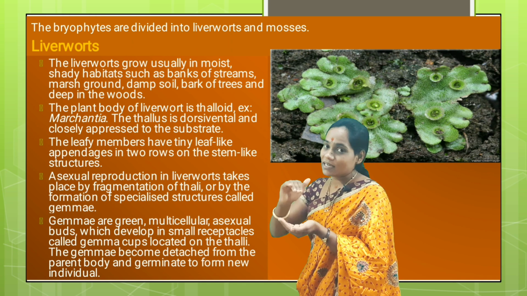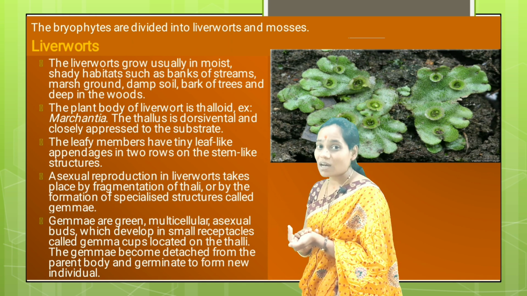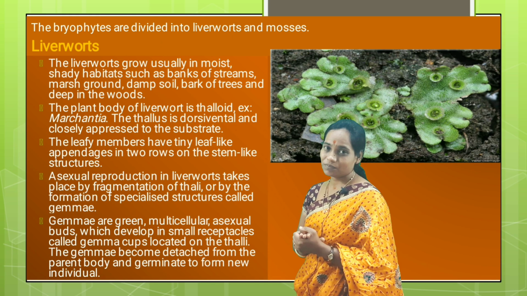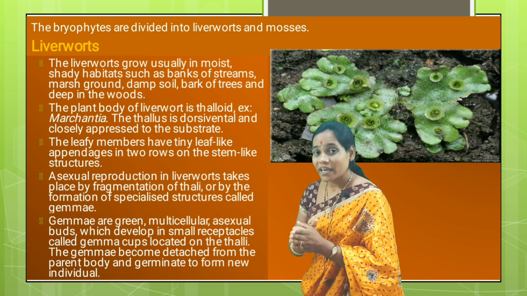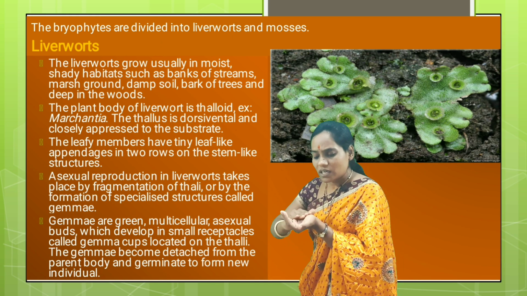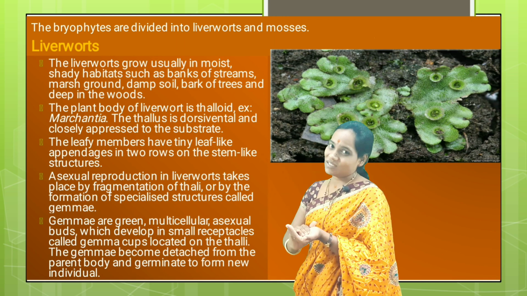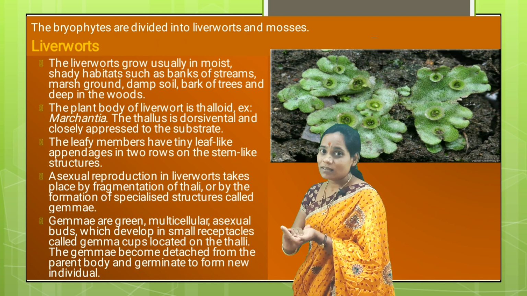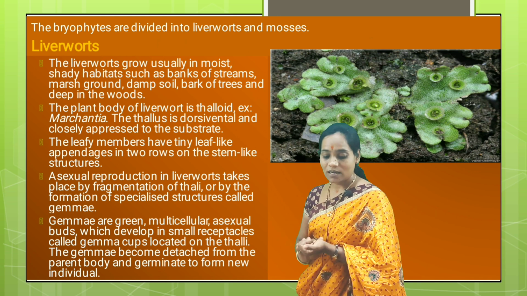Those cup-like receptacle structures are called gemma cups. Remember, the gemmae are produced within small cup-like structures formed on the thallus called gemma cups.